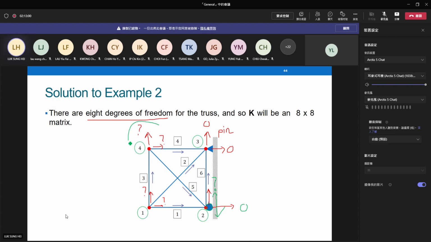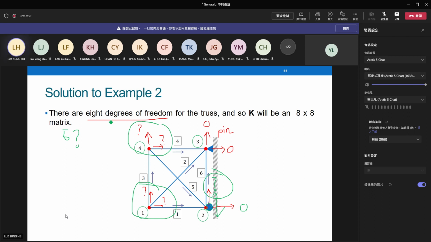In this problem, we have 1, 2, 3, 4, 5. We have 5 question marks, which means that we have 5 unknown displacements to be solved in this problem. That's why we call that complex. Too many degrees of freedom, too many unknown displacements to be solved. We have only 3 zeros.